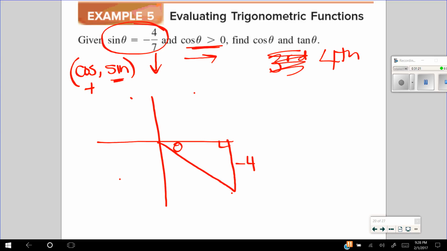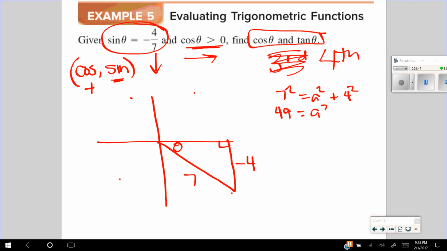So I'm going to put the negative there. The hypotenuse must be 7. Well, to find the cosine and the tangent, I'm going to need that third side. So quickly, I'm going to do my Pythagorean theorem. Right? 7 squared equals, that's my c squared, a squared plus 4 squared. Doesn't have to be negative because when you square it, it'll be positive anyway.